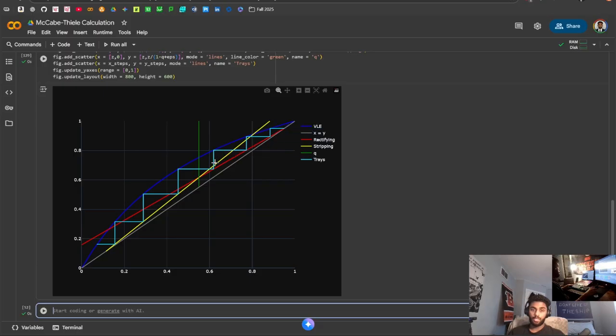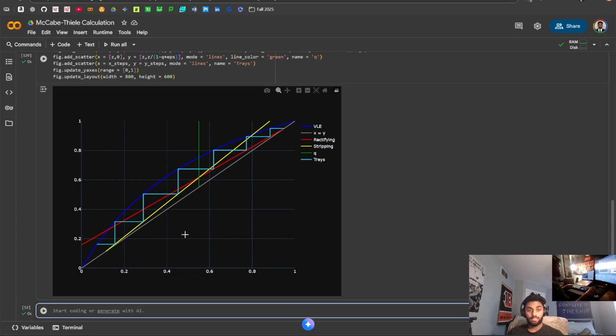We get these much bigger steps. And the rectifying and stripping lines become more closely aligned to that x equals y line. So this actually might not even produce that well of a product in the end. So really sizing this distillation column using the reflux ratio is really quite important.